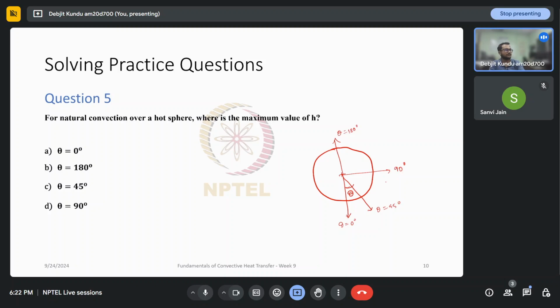These are the options. So this is option A, this is option B, then C is 45 degrees. So this is option C, and 90 degrees is option D. So among A, B, C, D, where do you think the value of the local convection coefficient h would be maximum?